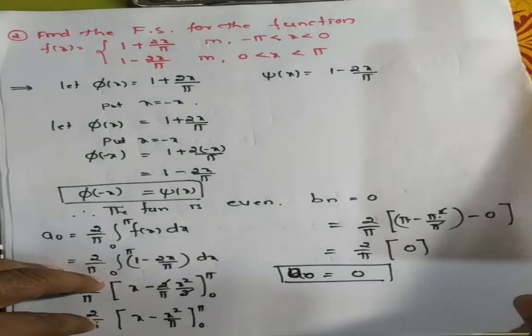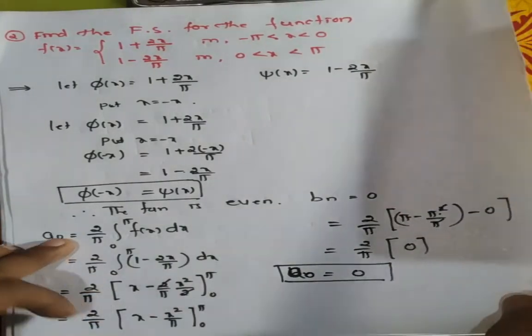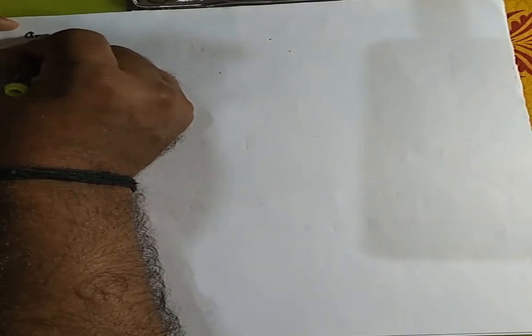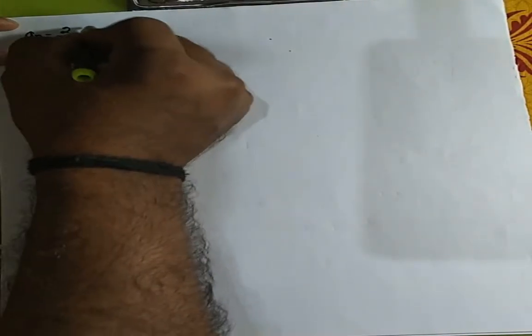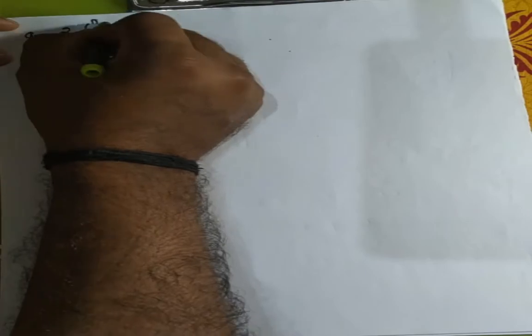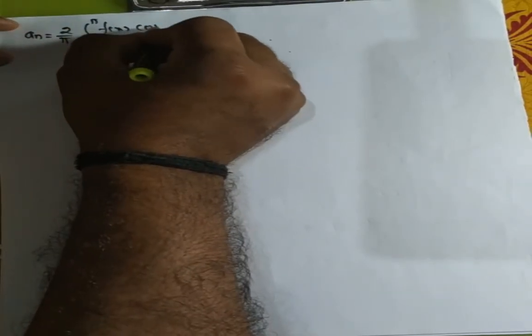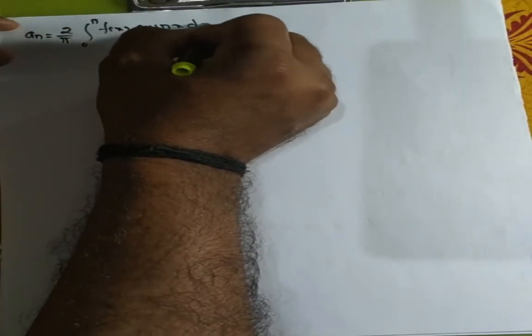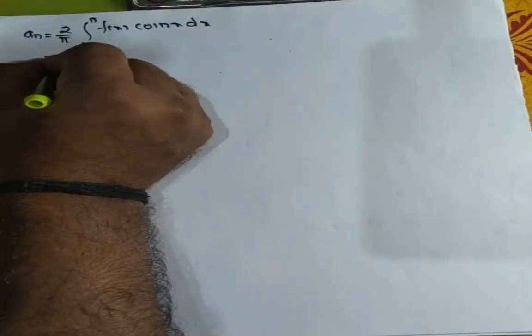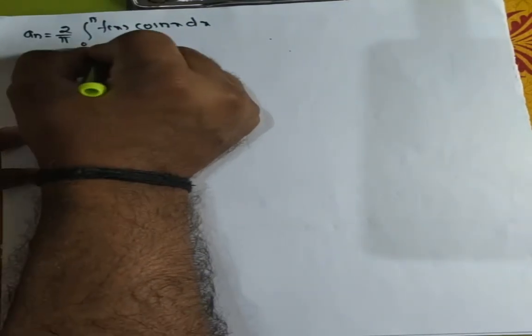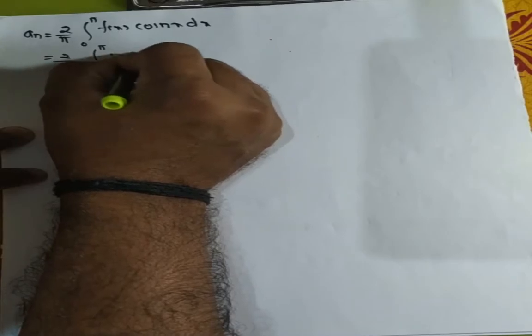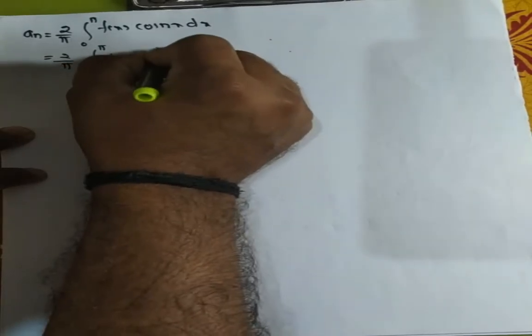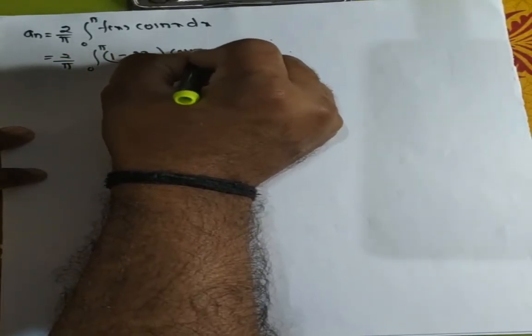Now let us move to further calculation for an. The formula for an is equal to 2 divided by pi integration 0 to pi f of x into cos nx with respect to dx. So 2 divided by pi integration 0 to pi, f of x is 1 minus 2x divided by pi, into cos nx with respect to dx.